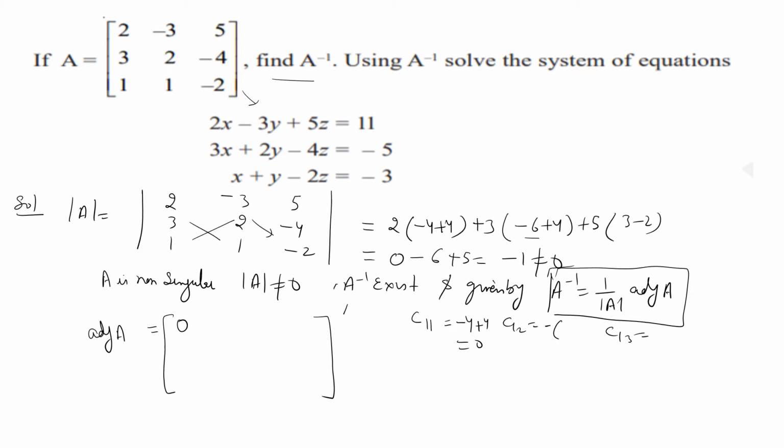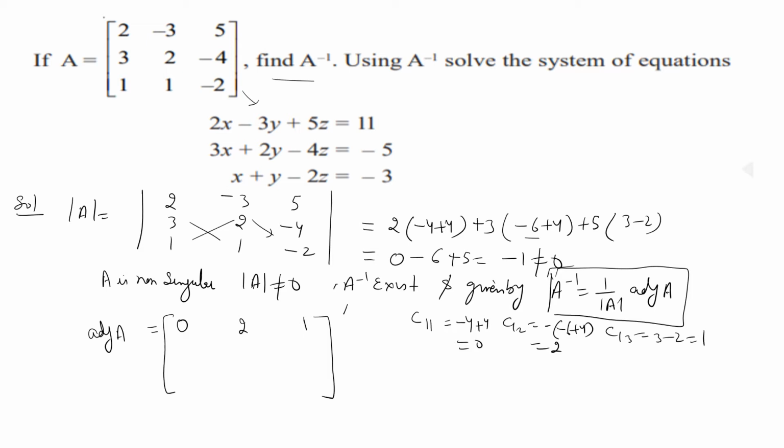C12, negative sign is already there. So it is minus 6 plus 4, which is your 2. So I'll get 2 here, right? And then next is your C13. C13 is your 3 minus 2, that is 1. So this is how we replace the corresponding cofactors.